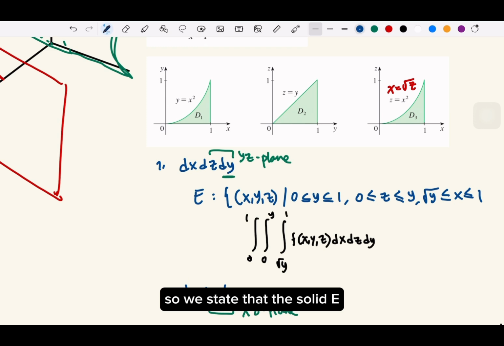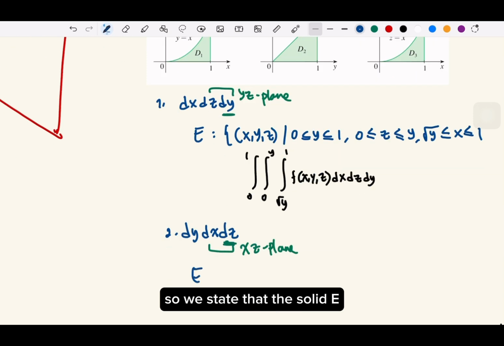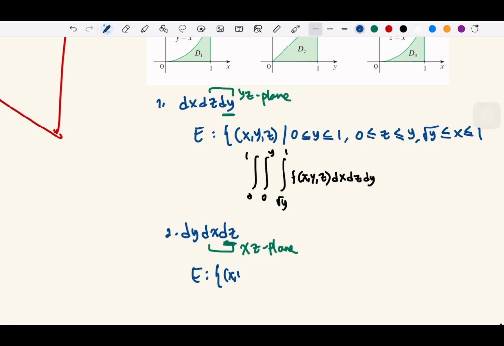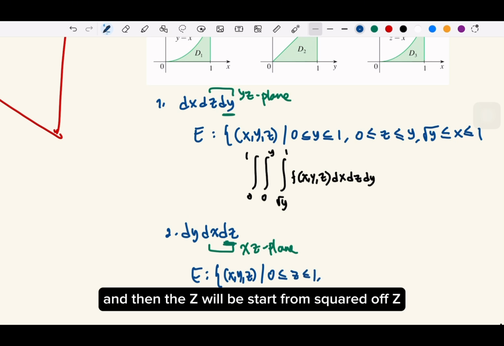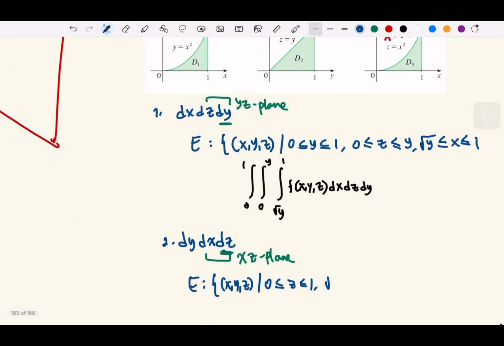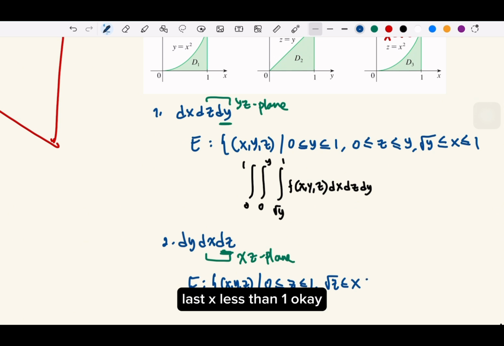So we state that the solid E has z from 0 to 1, and then x will start from square root of z, less than or equal to x less than or equal to 1. Okay, and then what will be the last one? The last one will be the surface, a function of two variables.